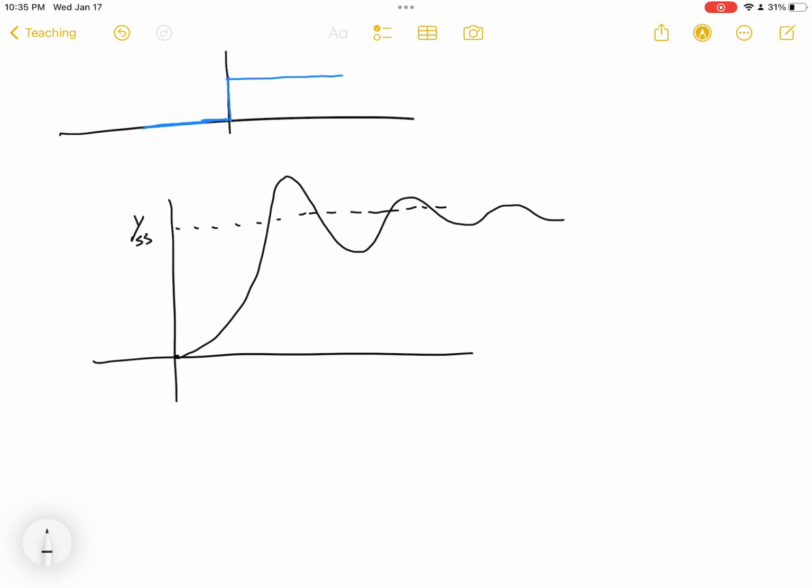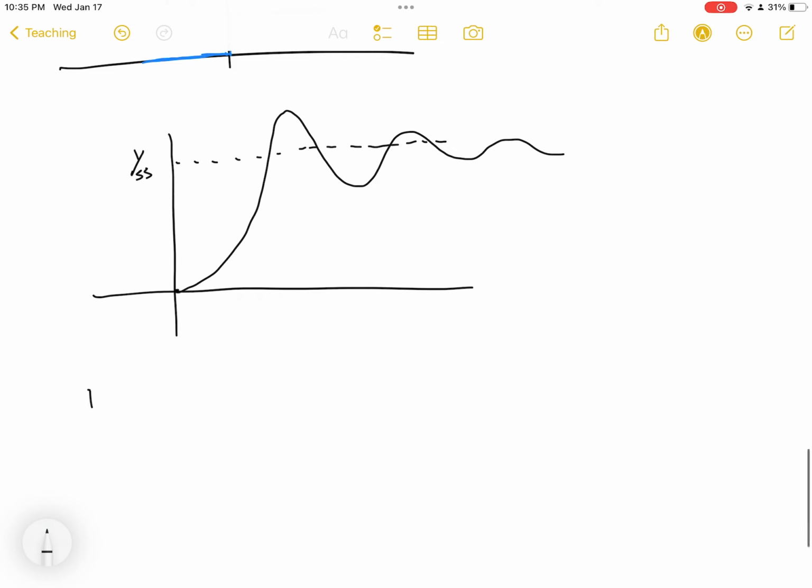So now let's move on to some time specifications. Most of these talk about the amount of time it takes for the system to do something. And the first one that we'll discuss is rise time.